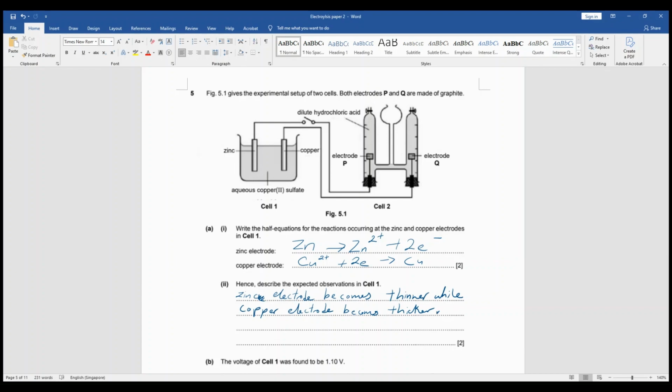But being kiasu Singaporeans, we want to be safe, so we'll talk about the solution also. The copper is not being replaced, it is coming out.